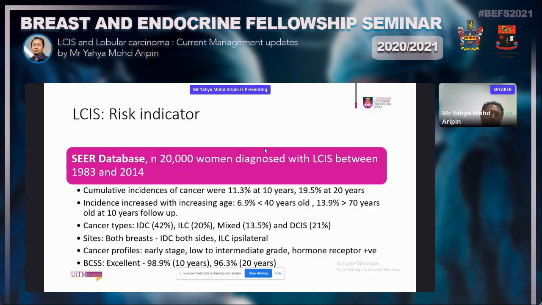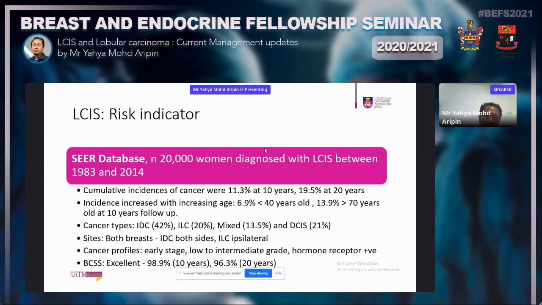Another interesting fact is that the majority of the cancers in patients who develop invasive cancer are of ductal histology, invasive ductal carcinoma, 42%.